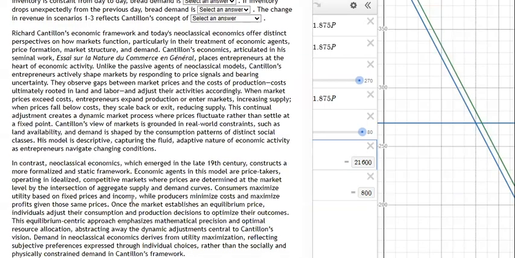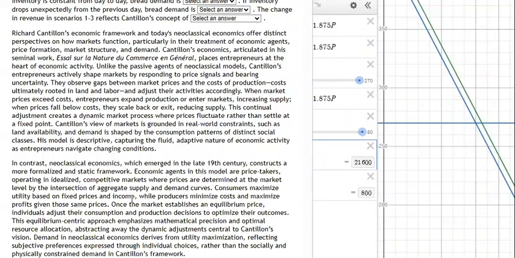Richard Cantillon's economic framework and today's neoclassical economics offer distinct perspectives on how markets function, particularly in their treatment of economic agents, price formation, market structure, and demand. Cantillon's economics, articulated in his seminal work, Essai, places entrepreneurs at the heart of economic activity.